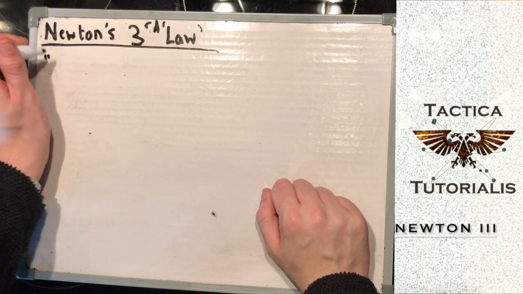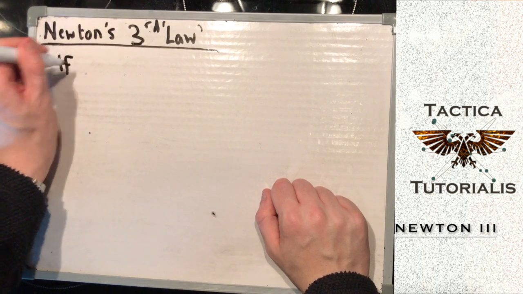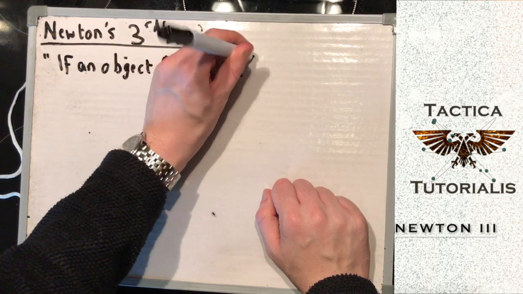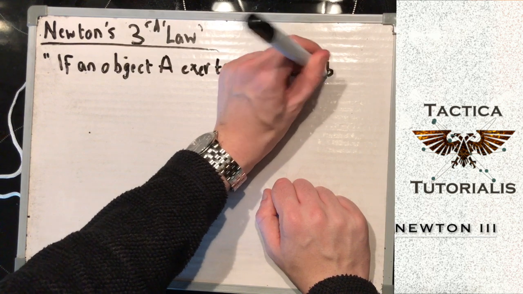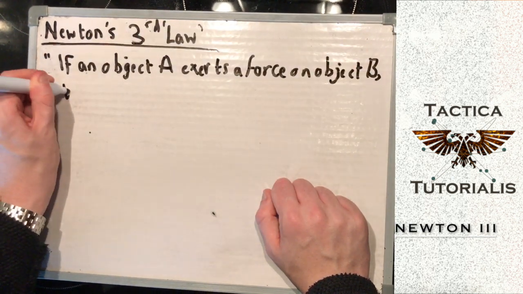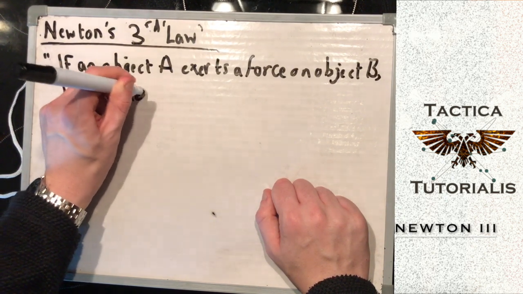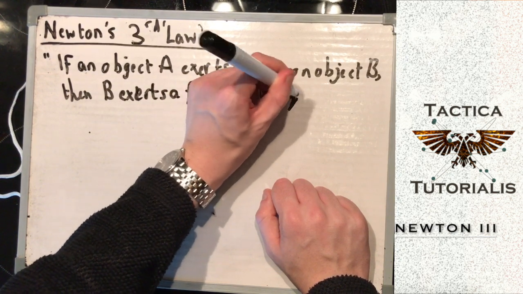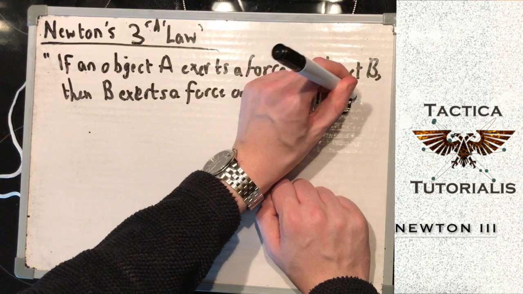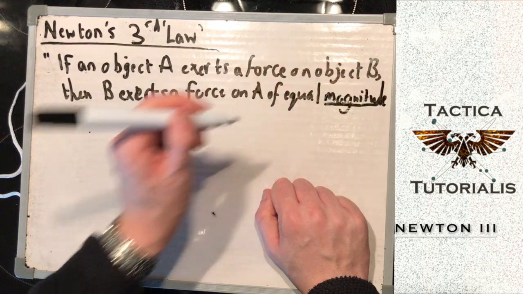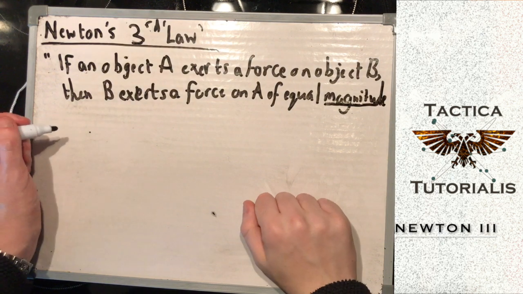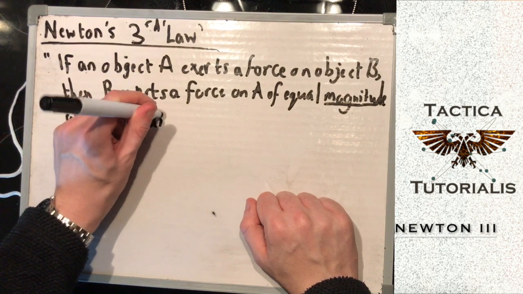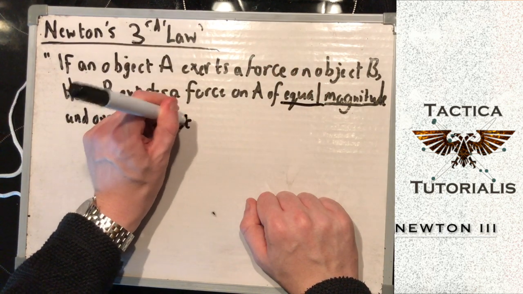So Newton's law says, roughly speaking, there are various variations you can look up online: if an object, which I'm going to call A, exerts a force on object B, then B exerts a force on A of equal magnitude, which is the fancy word for size, and is generally used for vectors, and opposite direction.